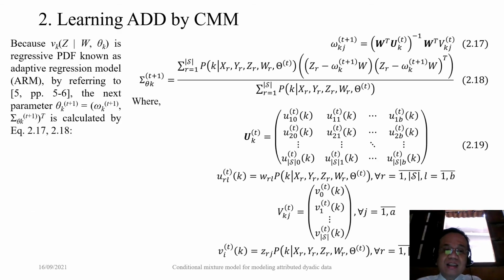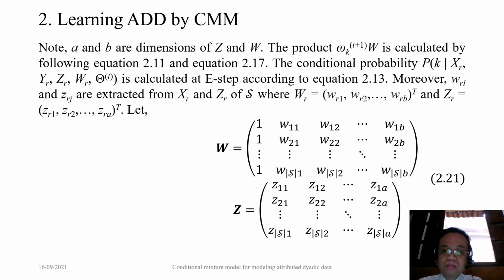Because the VK of Z is the regressive PDF known as the adaptive regression model ARM, by referring to the reference, the next parameter theta K plus 1 is calculated by equations 2.17, 2.18. Note that A and B are the dimensions of Z and W. The product omega K plus 1 W is calculated by equation 2.11 and equation 2.17.